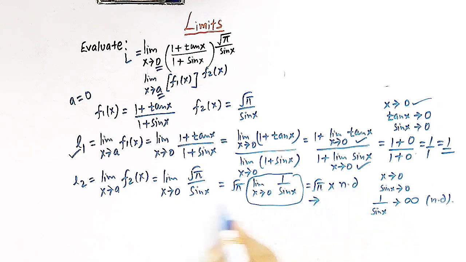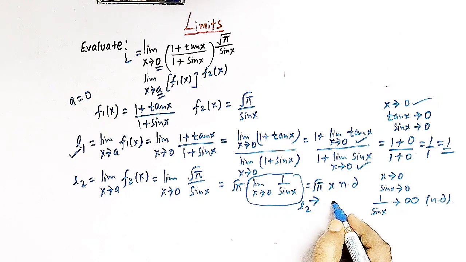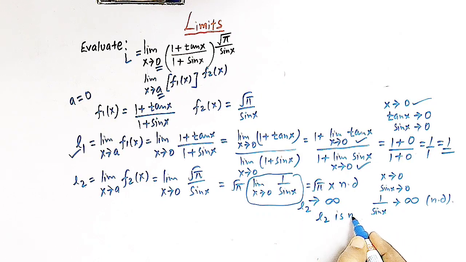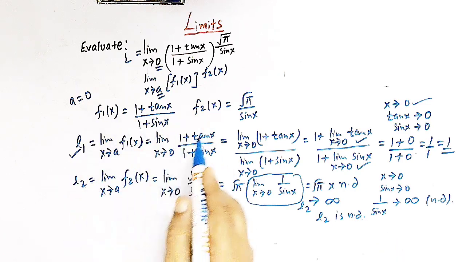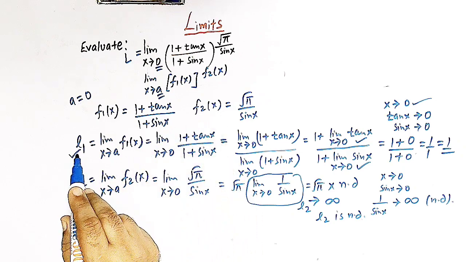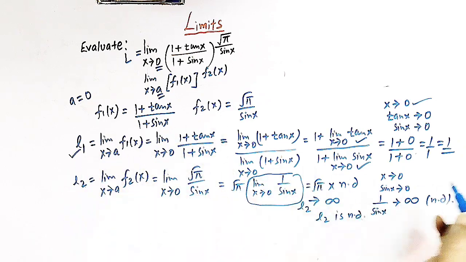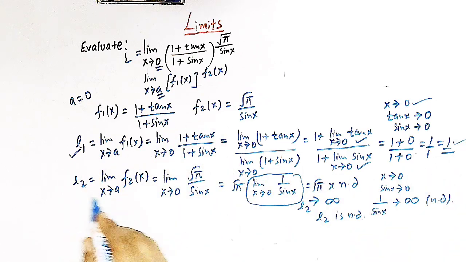So L2 tends to infinity, that is, L2 is not defined. So these two functions f1(x) and f2(x) satisfy the condition that L1 is equal to 1 and L2 is not defined.